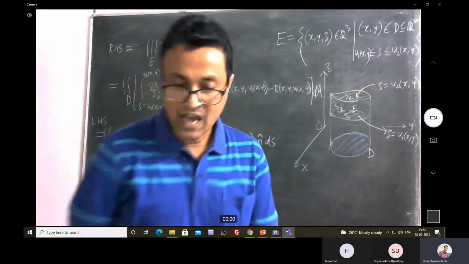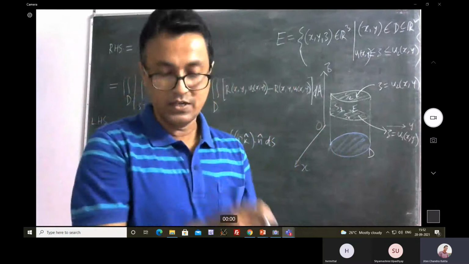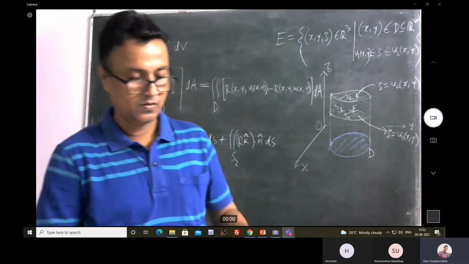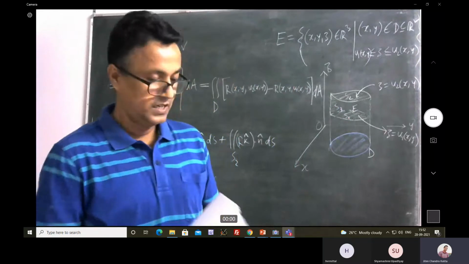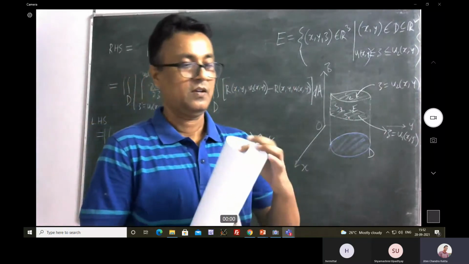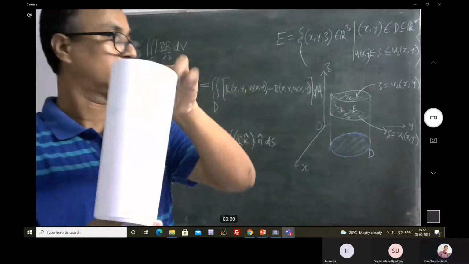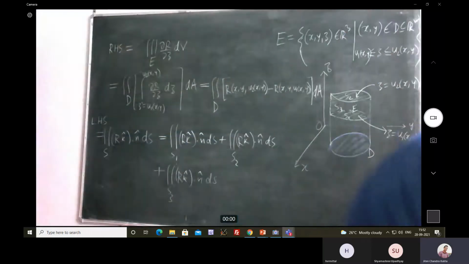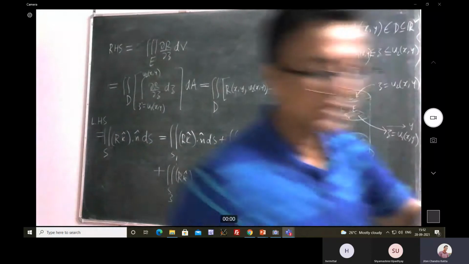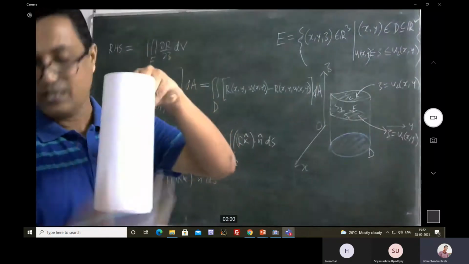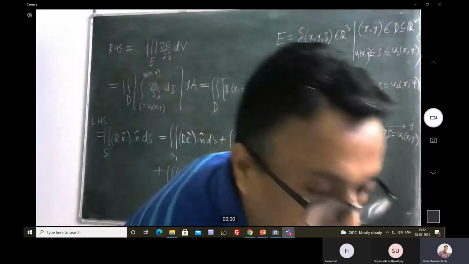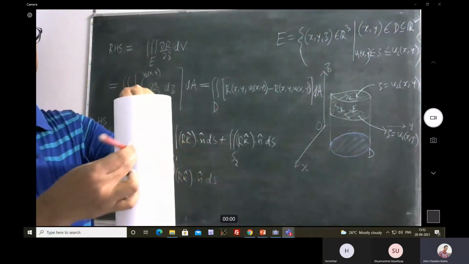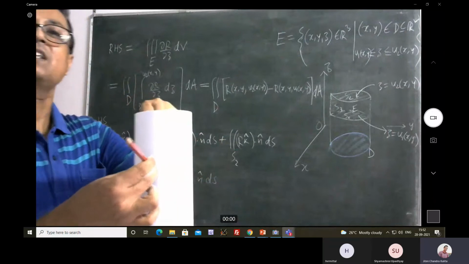So now look here. This is my S3. If you take any normal to this surface, any outer normal to this surface, it is always going to be horizontal, isn't it?